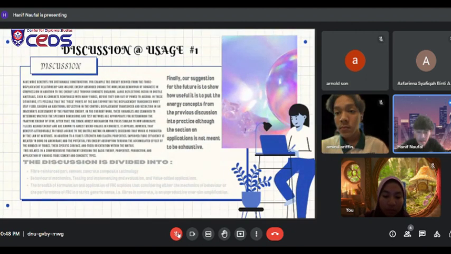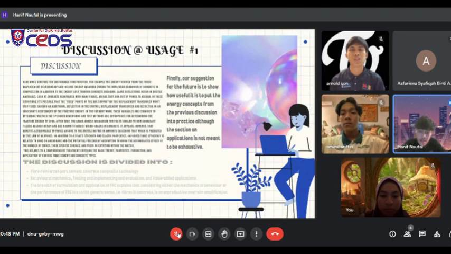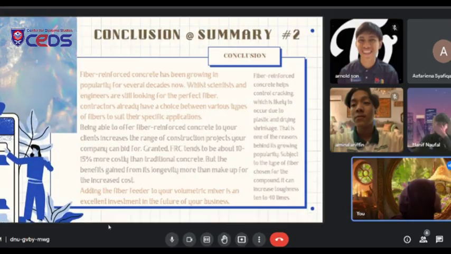The breadth of formulation and application of FRC explains that considering either the mechanical behavior or the performance of FRC in a structural generation, the use of fiber in concrete is an unproductive oversimplification.